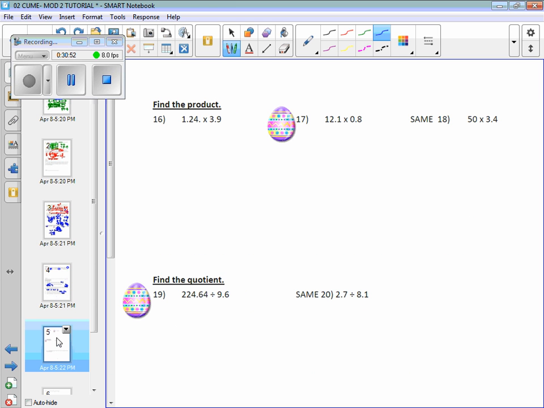Okay, moving on to multiplying decimals, where we're not going to line up decimals. We don't need to. Sometimes they'll line up by themselves naturally, but instead of lining them up, when we're done, we have to do something with the decimal in the product. So we'll do number 16, and you'll see with number 17, there's an Easter egg coming for you.